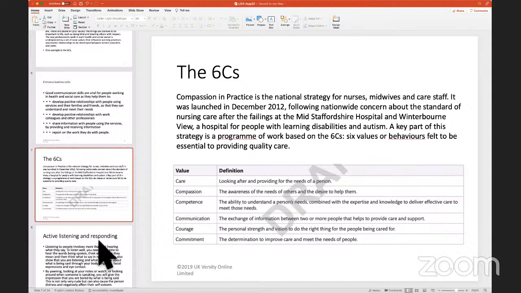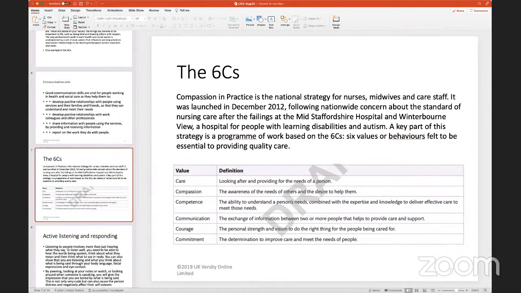Now, when I talk about these 6 C's, we need to talk about care, compassion, competence. We need to look at communication, courage, and commitment. These are the 6 C's which are required in terms of skills and personal qualities, to be able to provide effective care or work as a member of the team, to be able to deliver effective care to patients.